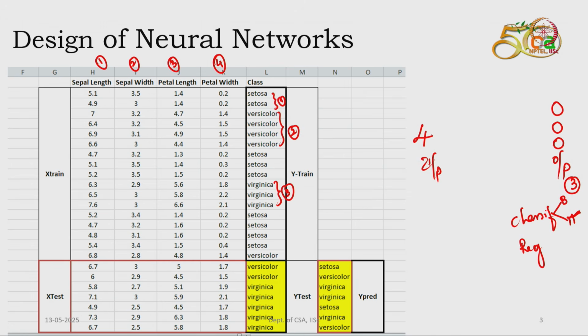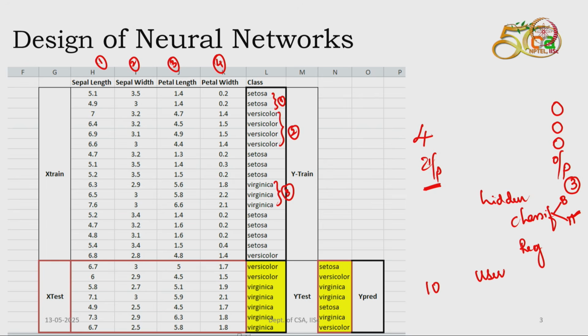Based on the number of features, if the features are 10, then we will have 10 neurons. Because here the features are 4, we are going to have 4 neurons at the input layer. We will see more specifically going forward. Next comes the hidden layers. How many hidden layers and how many neurons to put at a hidden layer is purely the user's choice.